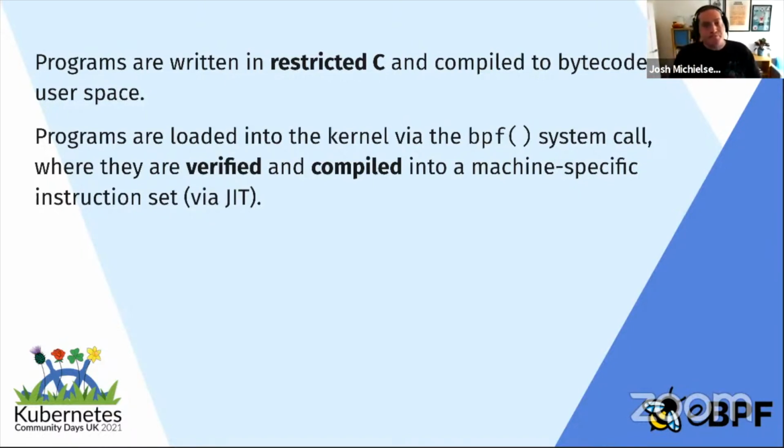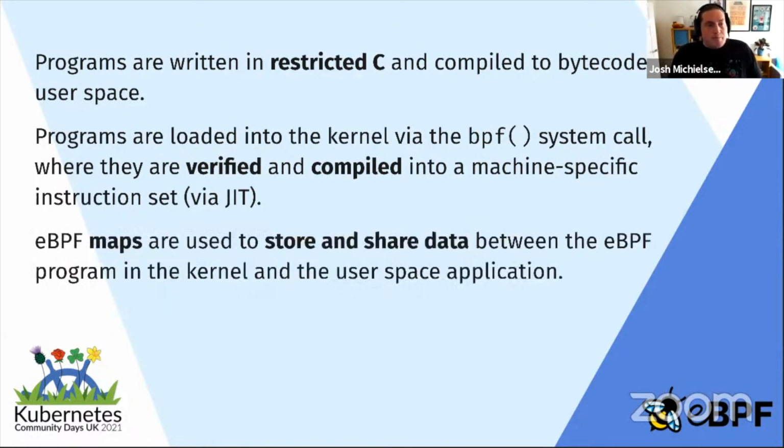And then it's compiled into a machine-specific instruction set via the just-in-time compiler. eBPF maps are used to store and share data between the program in the kernel and the user space application. And we can also use maps to share data even between different eBPF programs, of which we can run multiple.